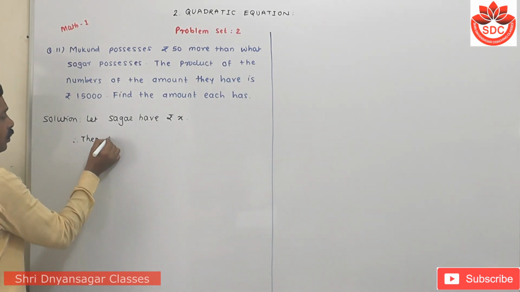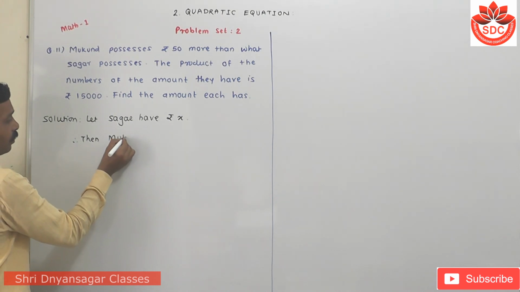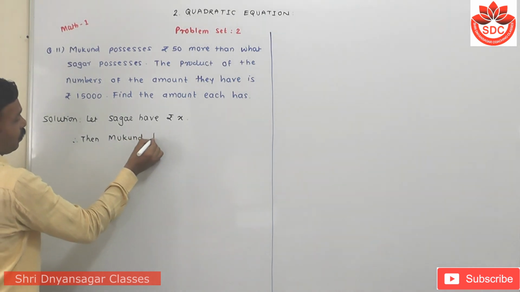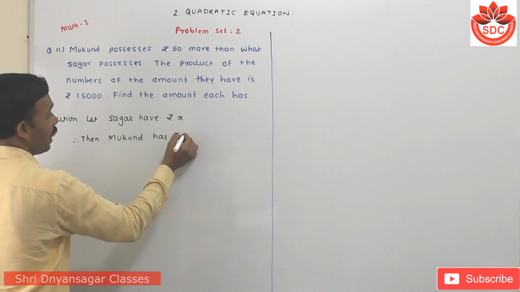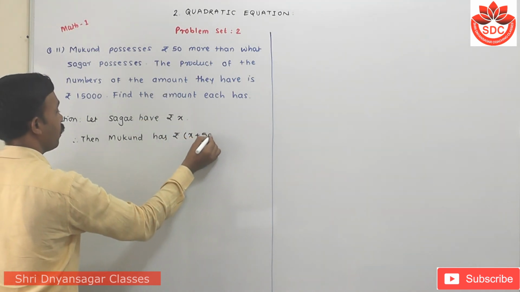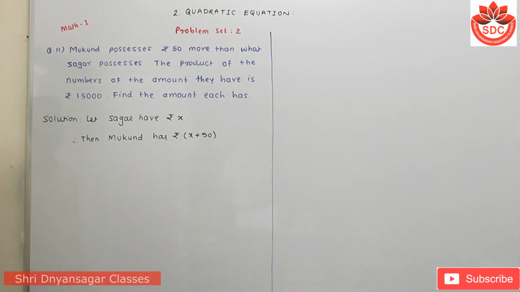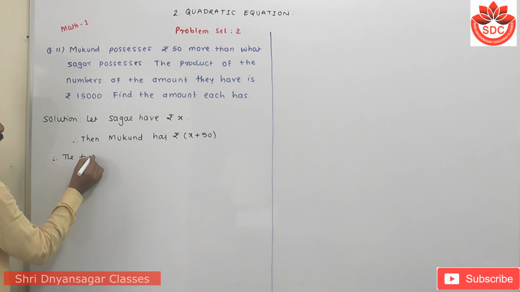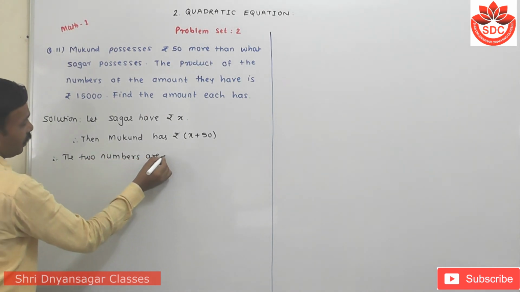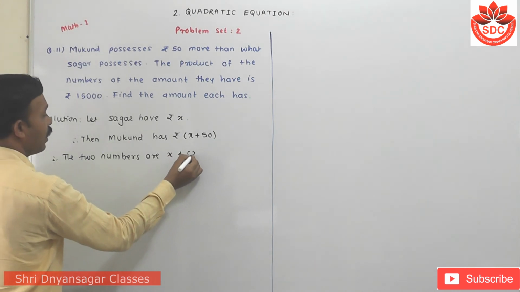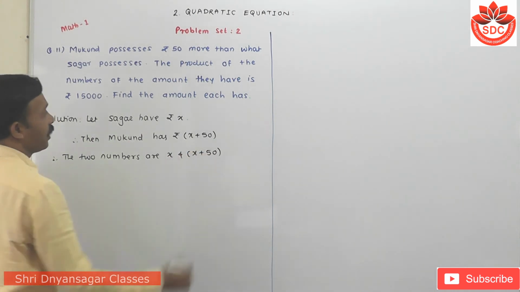Then Mukund has rupees 50 more, that means x plus 50. Now the product of two numbers. Therefore here the two numbers are x and x plus 50.